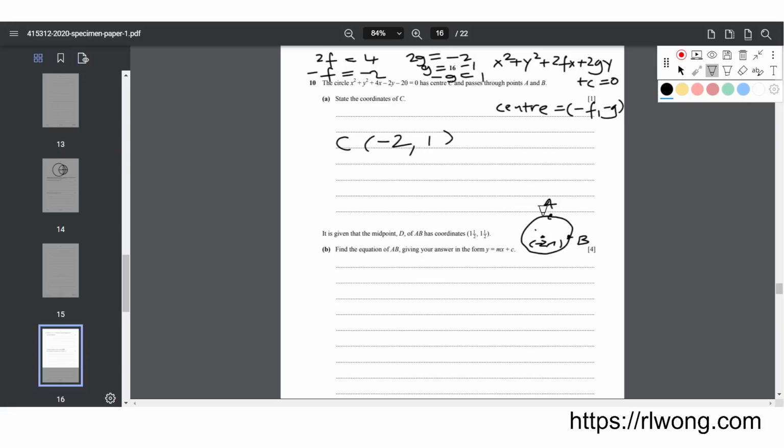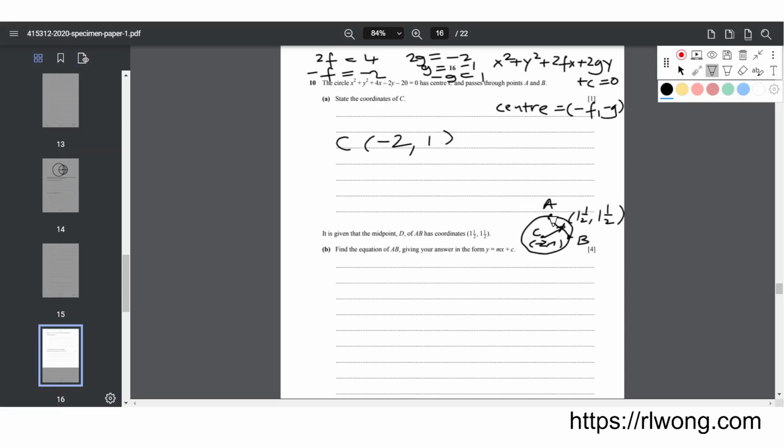And I know that it has a midpoint, which is at (1.5, 1.5). Alright? So you need to find the equation of AB, giving your answer in the form y equals mx plus c. So we know that this is AB, this is the center C, and this is the midpoint (1.5, 1.5).